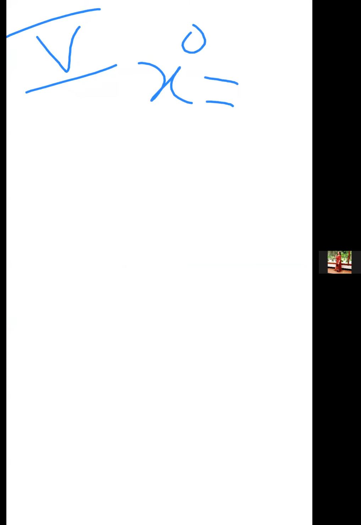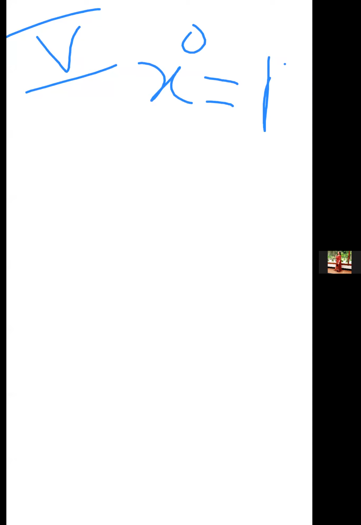Now fifth law is if I write x raised to power 0, means any number raised to power 0, which is equal to 1. Always 1. Any number. Any variable. Okay? Because x is a variable. So when we put 0 upon variable, answer is 1.